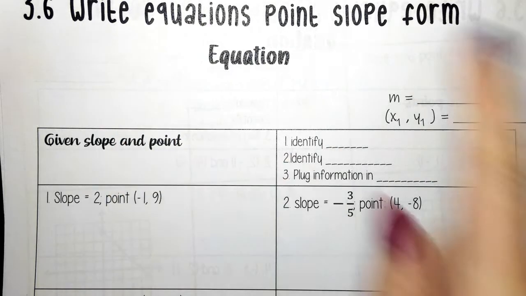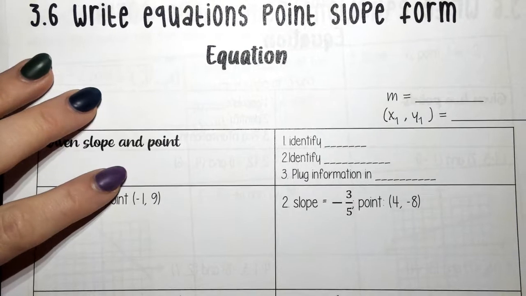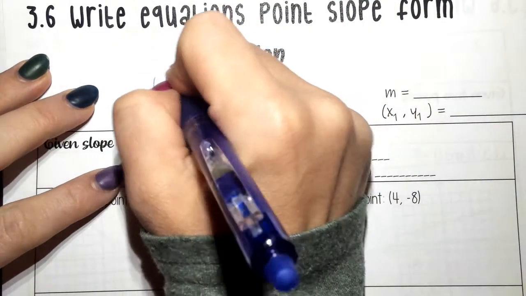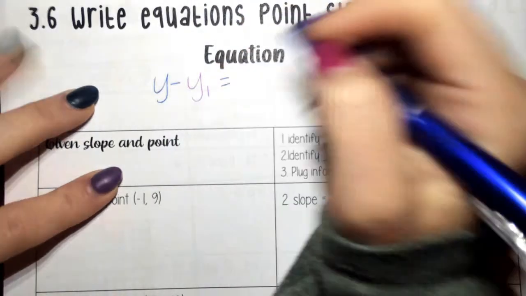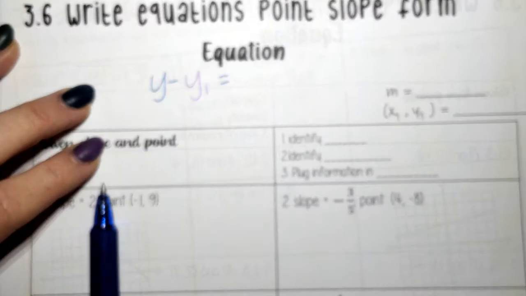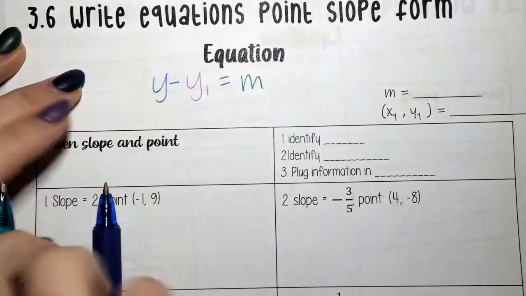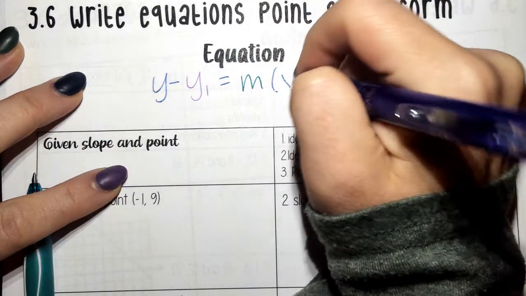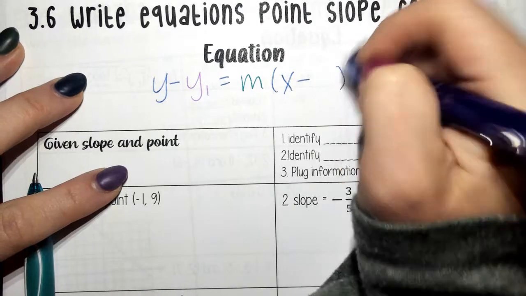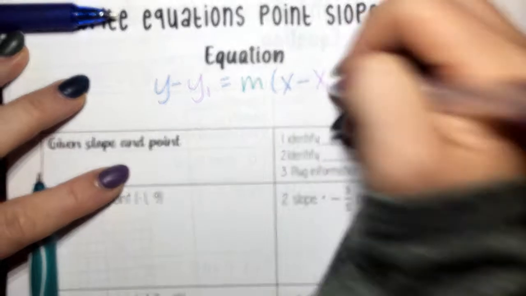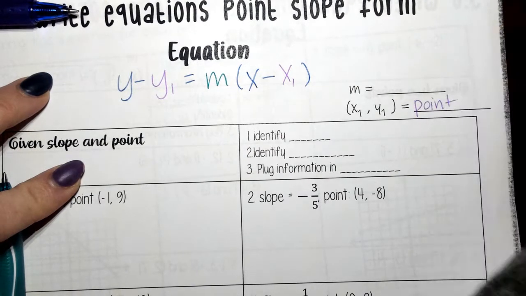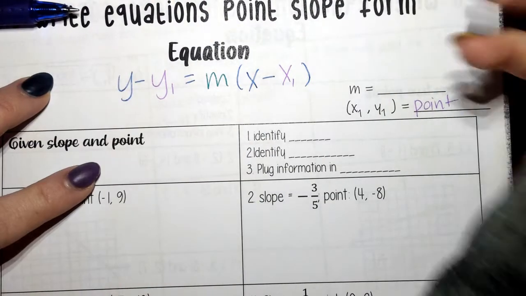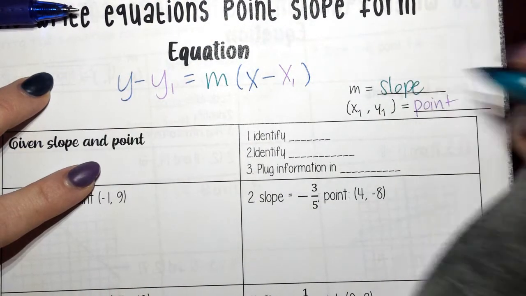Right, let's write our equations in our point-slope form. So remember, this is y minus y1 equals m times x minus x1, where x1 and y1 are a point on our line, and m is our slope.